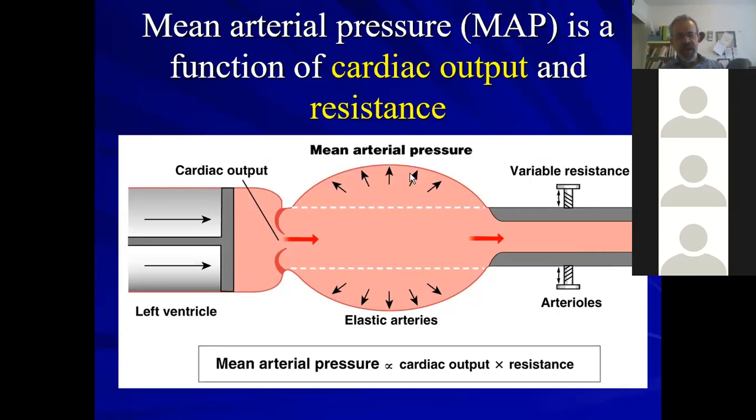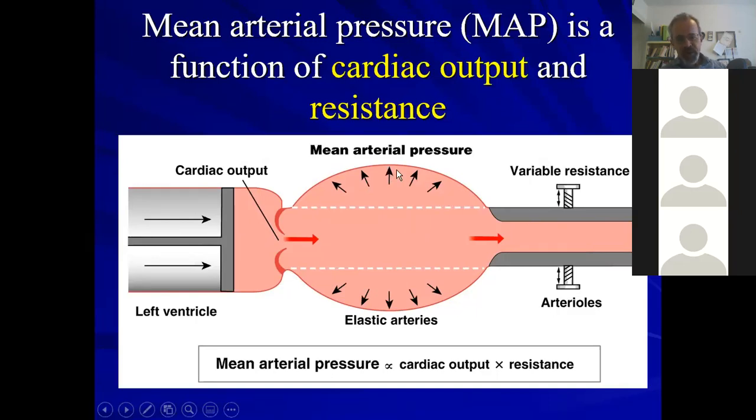This is the pressure at any one given time in an artery. So this could be, for example, the aorta. Think of this as the left ventricle. This is meant to be like a piston, right? Pumping blood out. This is blood in the left ventricle being squeezed into the artery. And this is blood eventually leaving, going into the arterioles.